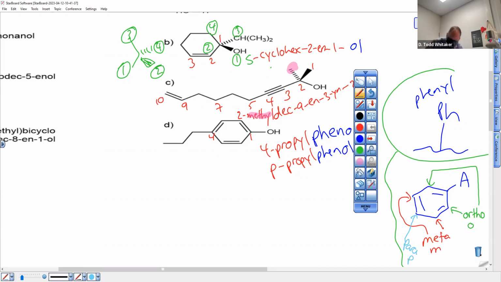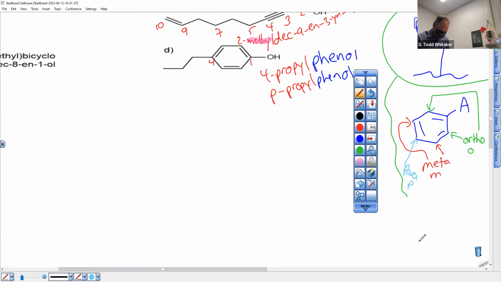And that's the first one you saw because you learned about para-toluene sulfonic acid. Since we're getting close to the end, now we understand that this is toluene and a sulfonic acid is SO3H.